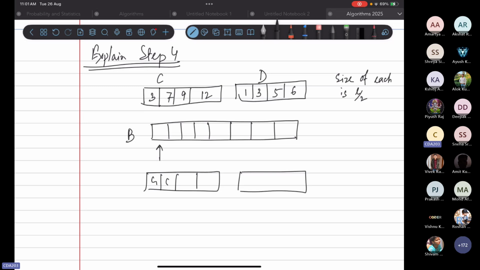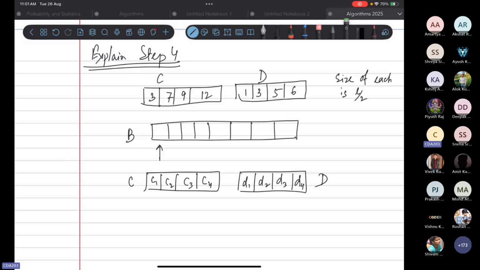Let's say this is the C array, C1, C2, C3, C4, and this is the D array, D1, D2, D3, D4. What are these numbers? Like these are some numbers, right? So Cis and Dis are some numbers. Now, these are sorted. This C and this D are both sorted, right?